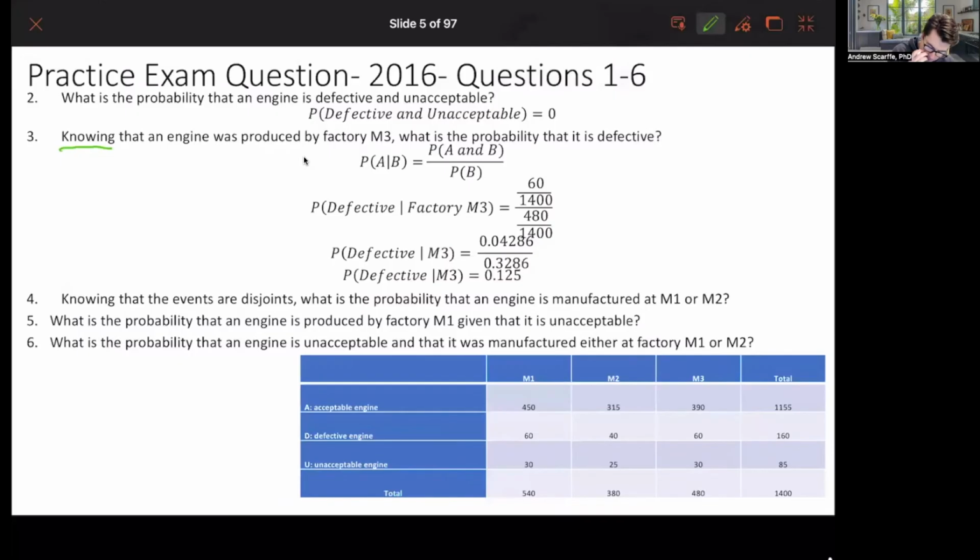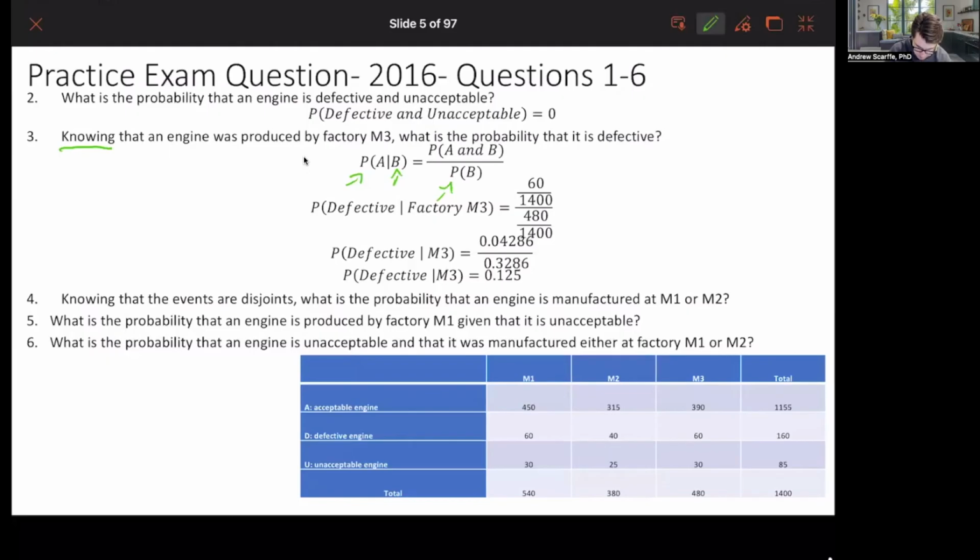Looking at the general solution first, the probability of A given B is equal to the probability of A and B together divided by the probability of B. The nice thing about conditional probability is that which is our given is going to be in our denominator.